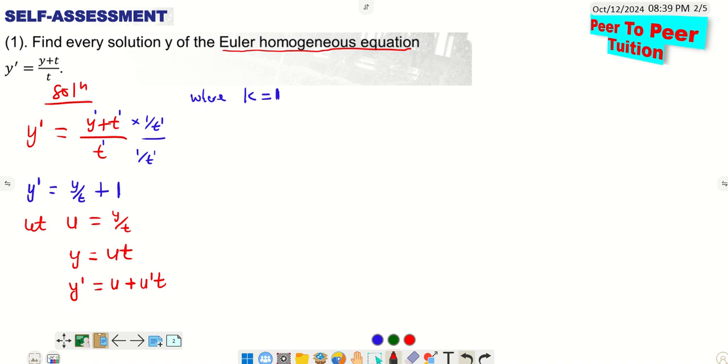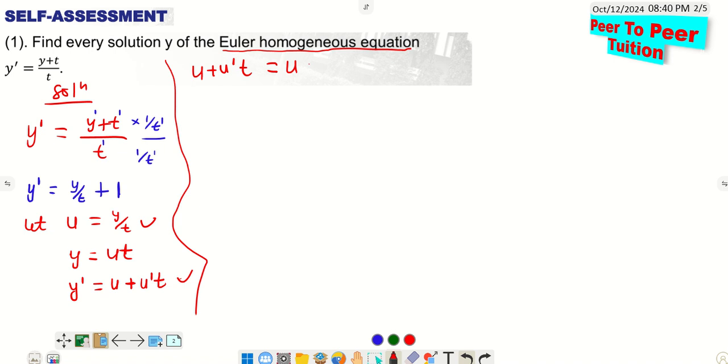So we are going to substitute this and this into the differential equation. So y prime, which is u plus u prime t, should be equal to y on t plus 1, and we know that y on t is u, so u plus 1.